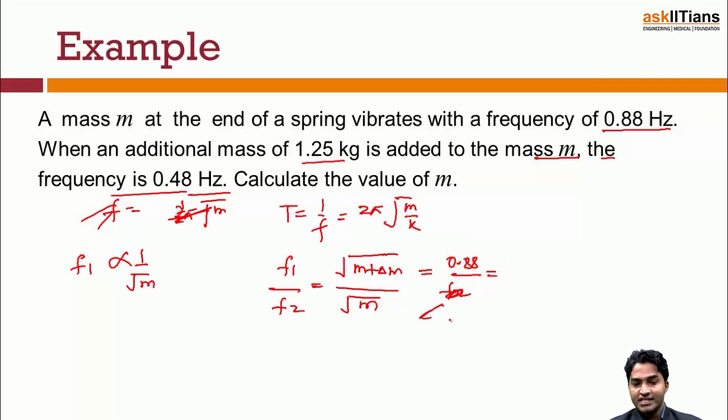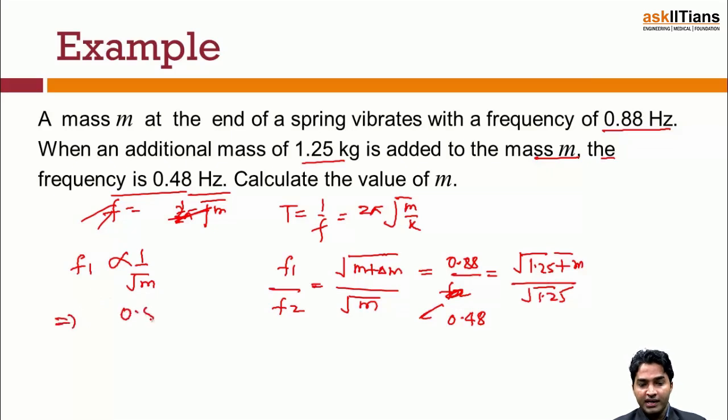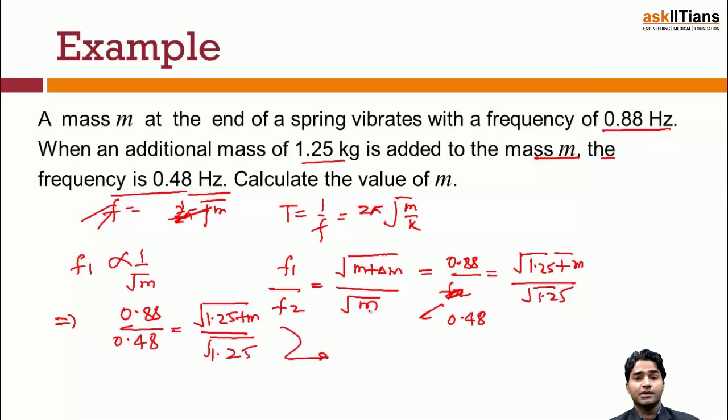So f2 is equal to 0.48, and delta m is 1.25. So we are getting 0.88 upon 0.48 equal to under root of 1.25 plus m upon under root of m. So we will proceed with this mathematics.